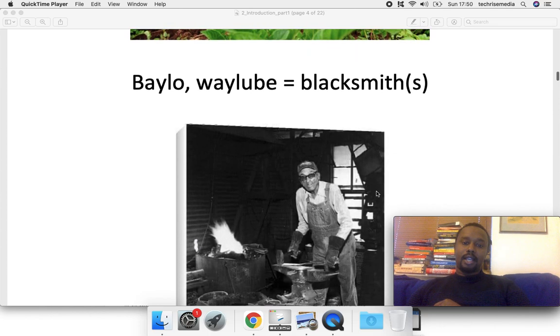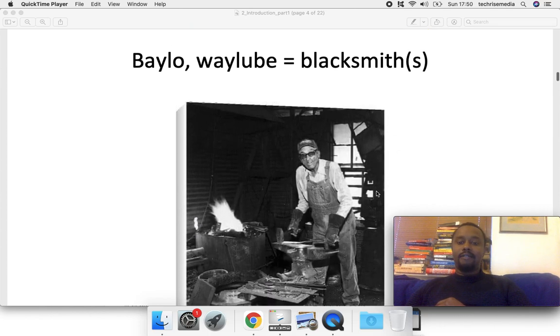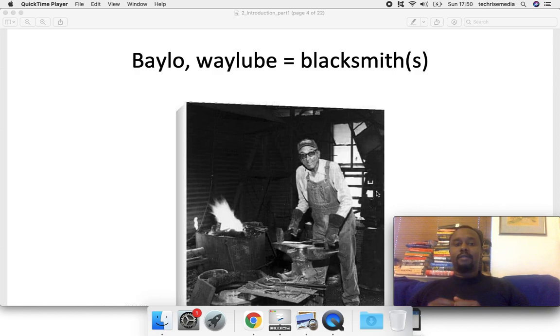And then here we have a blacksmith, right? So we have Bailo, which is one blacksmith, or we have Wulebe. Wulebe can mean they're blacksmiths. Some would say Wulibe, or Wulebe, right? So we have Bailo, or Wulibe, or Wulebe, right?